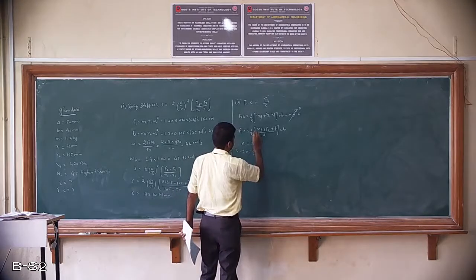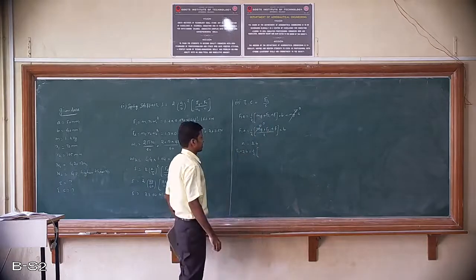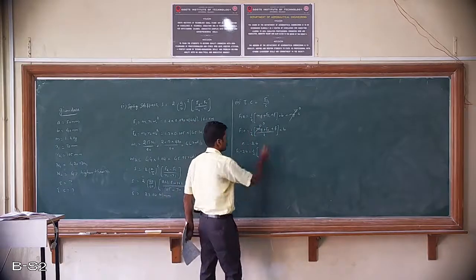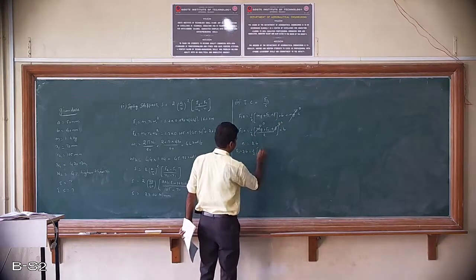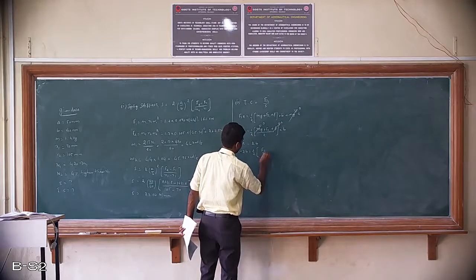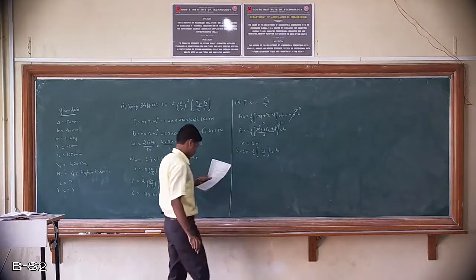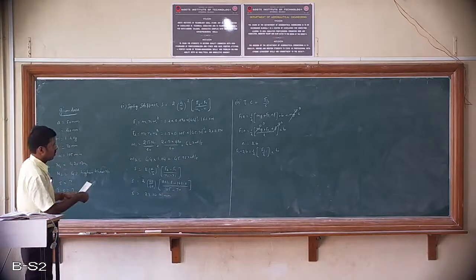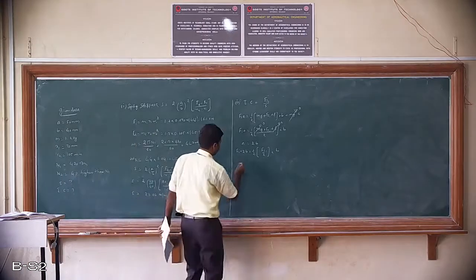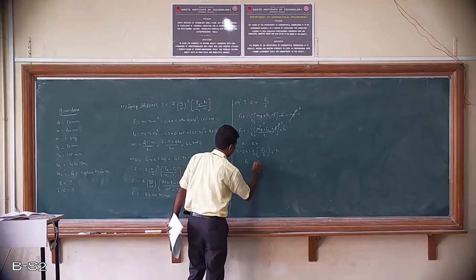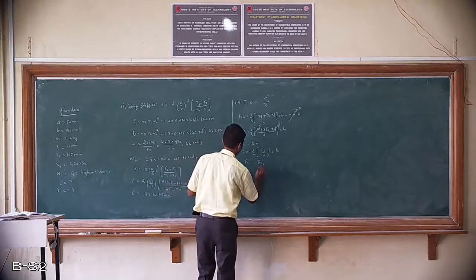Here the mass of the sleeve is not given, so I will take it as 0. So 0 into g becomes 0. The force of friction is also not given, so I will take it as 0. The remaining term is Fs1 divided by 2 multiplied with B. So F1 is equal to Fs1 divided by 4.